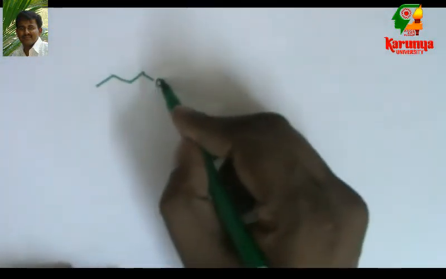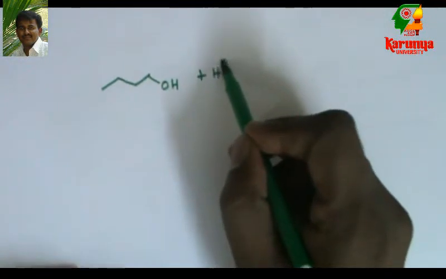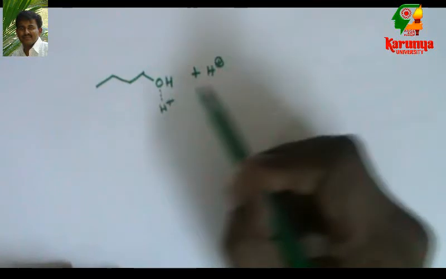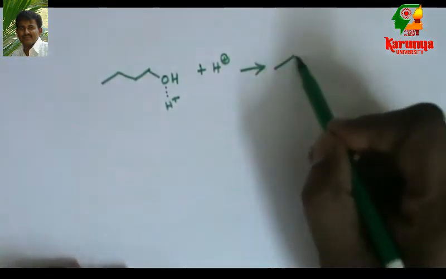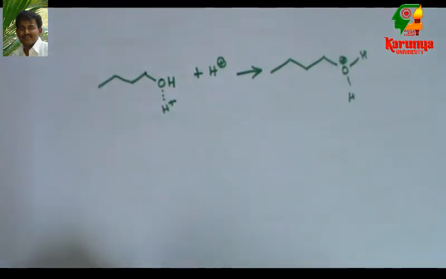When you add sulfuric acid to butanol, H plus coordinates here to give this oxonium ion.